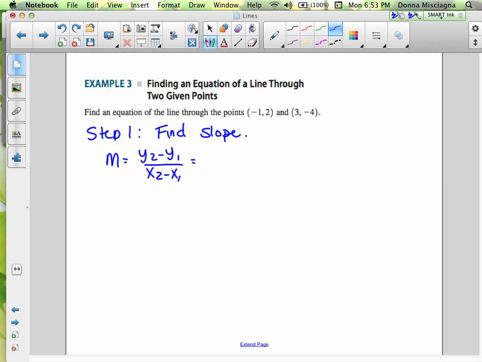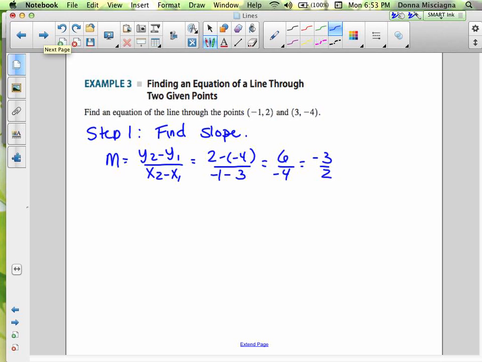So that's going to be 2 minus a -4 over -1 minus 3. 2 minus a -4 is the same as 2 plus 4, so that's going to be 6. -1 minus 3 is going to be -4, and that's going to reduce to -3/2. So we're divisible by 2 there. All right, now we have the slope.